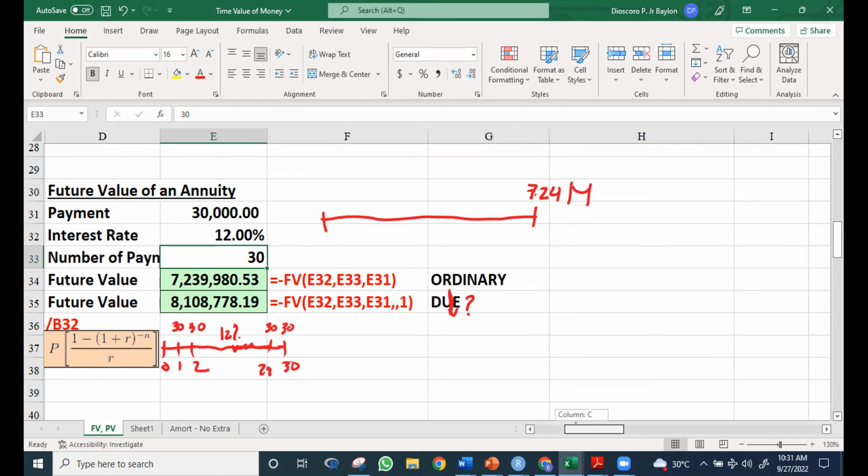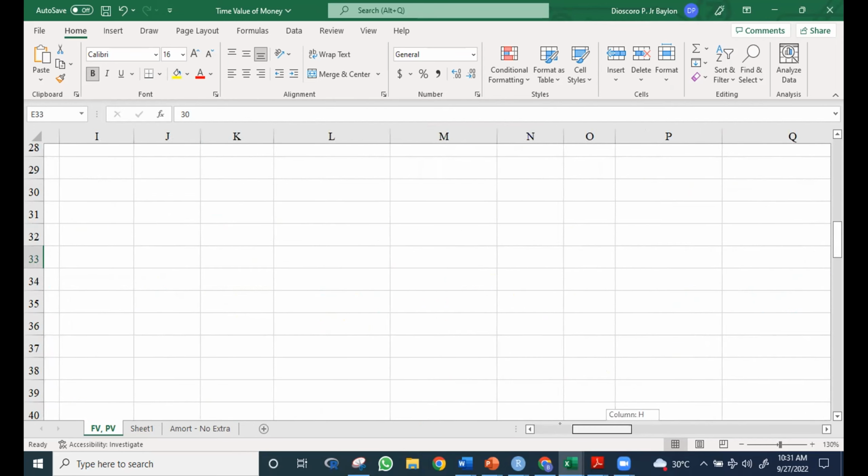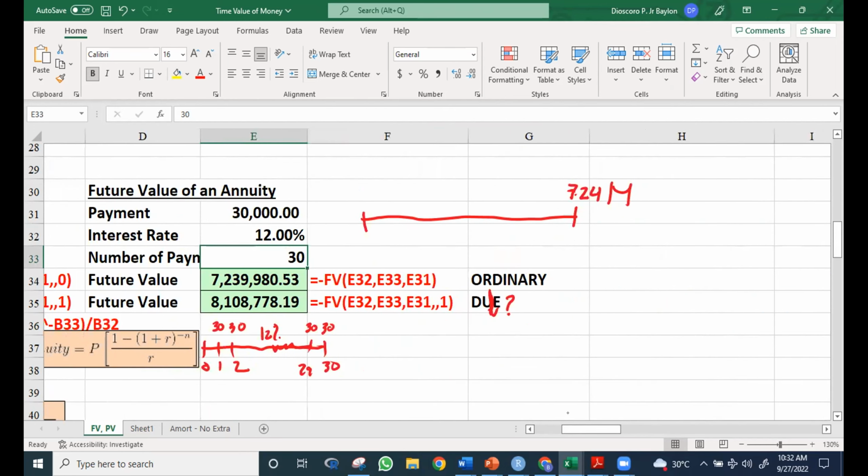This one is a present value, 241,655. And you have your annuity of 30,000.